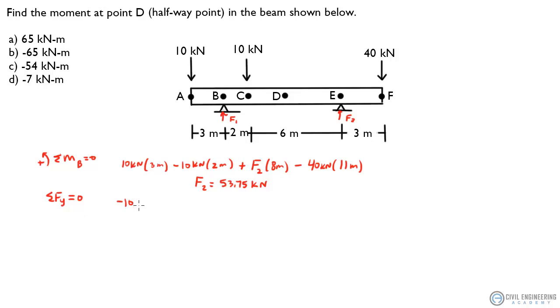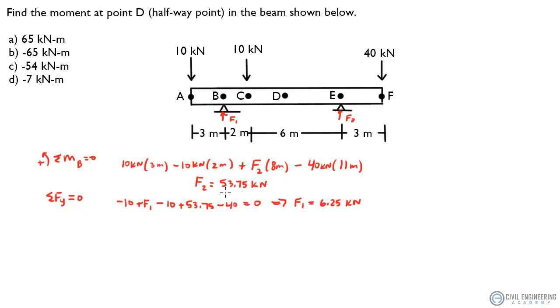So we've got minus 10 plus F1, another minus 10, plus the load we just found, 53.75 kilonewtons, minus 40 equals 0. Solve for F1, and I get 6.25 kilonewtons.